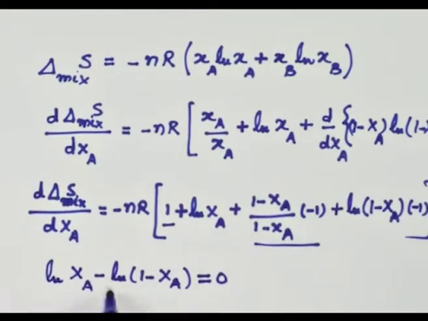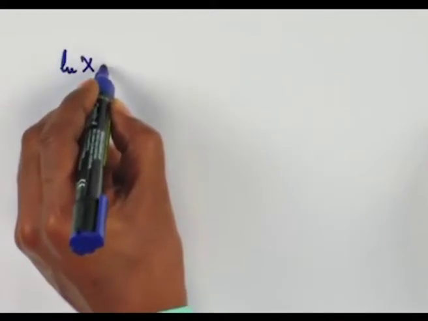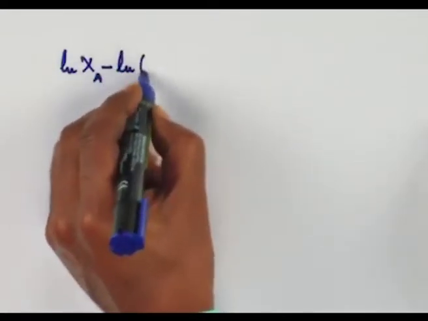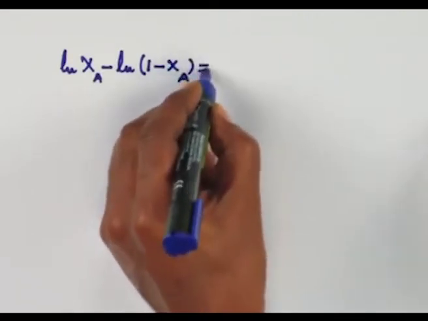We have log XA minus log of 1 minus XA is equal to 0.